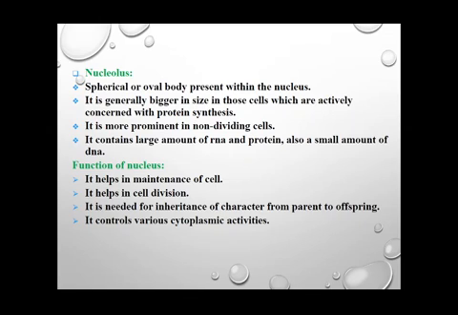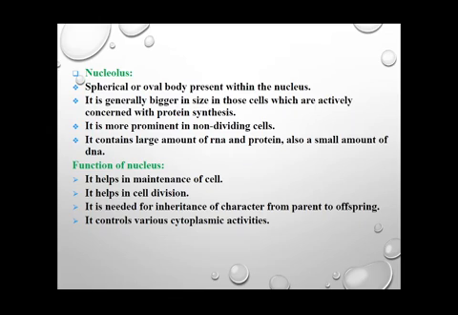Nucleolus contains a large amount of RNA, that is ribonucleic acid, and protein, and very little DNA. DNA was mainly present in the chromatin material.